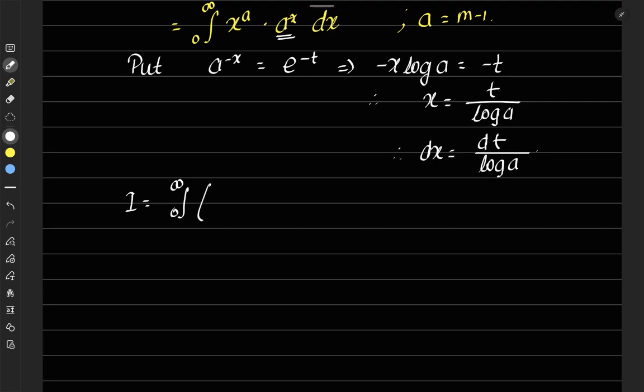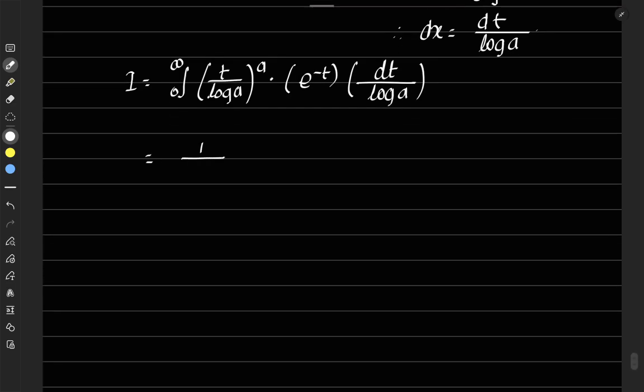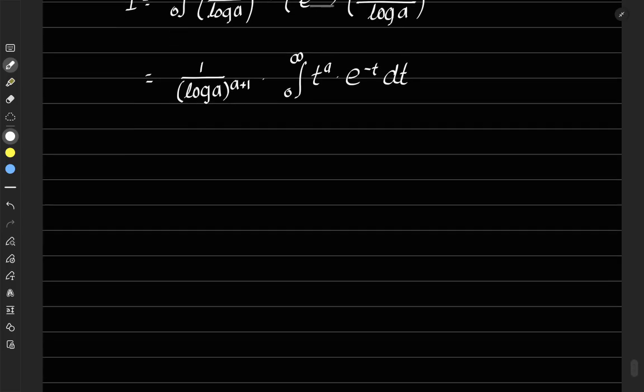X to the power a, so in this case x can be written as t upon log a to the power a into e to the power minus t, and dx can be written as dt upon log a again. So we will take the constant outside the integral, so log a to the power a plus 1 into integral 0 to infinity t to the power a into e to the power minus t dt.